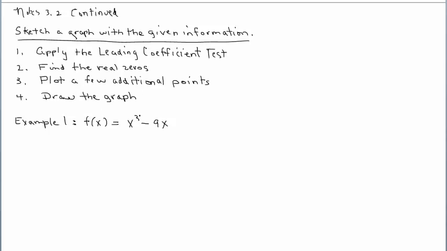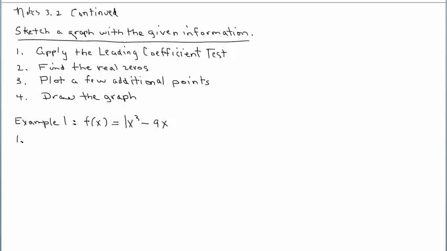So the leading term is x cubed, that's the term with the highest exponent, or n value. And because n is odd, and a sub n, or the coefficient, is positive, we can look back at our notes and describe the end behavior. So for step 1, apply the leading coefficient test.